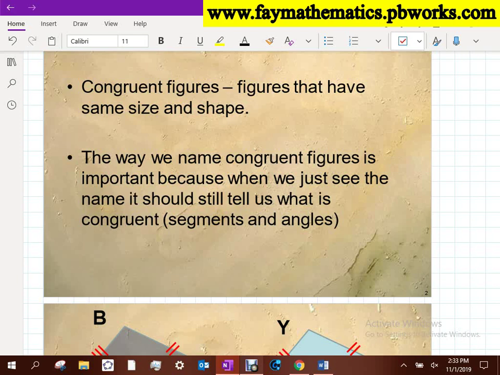As we start talking about congruent figures, we're going to start naming them, and we name them off their vertices, off the points that define the endpoints of the segments. And the order that we name them, the order that we list those points, is going to be important. It's not necessarily a mathematical competency.